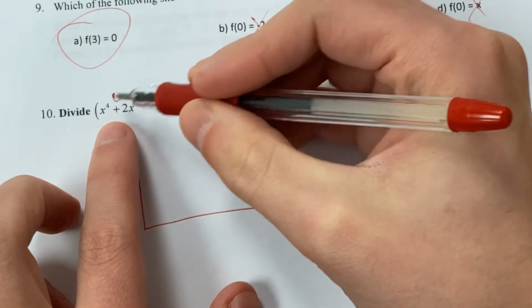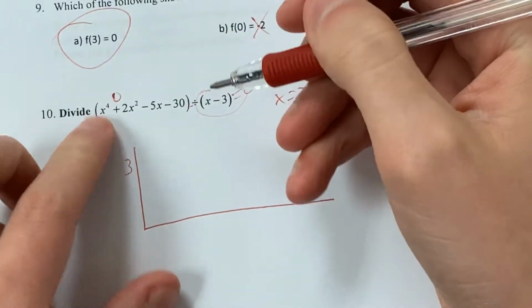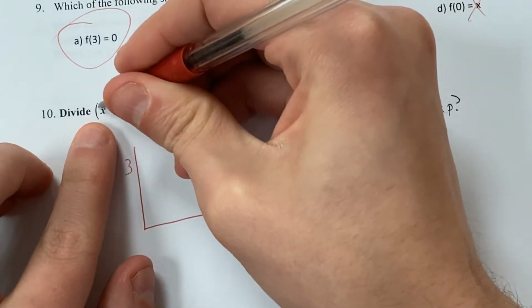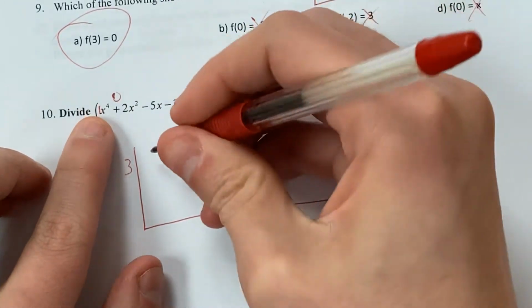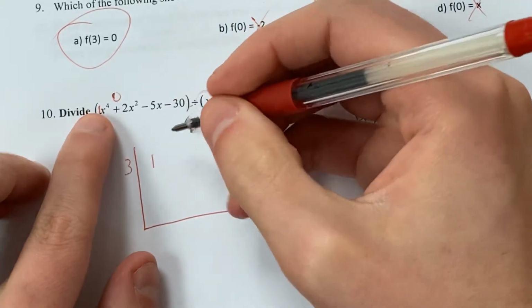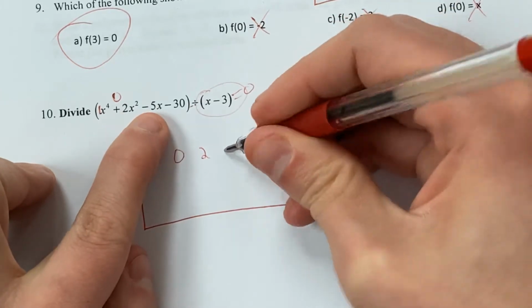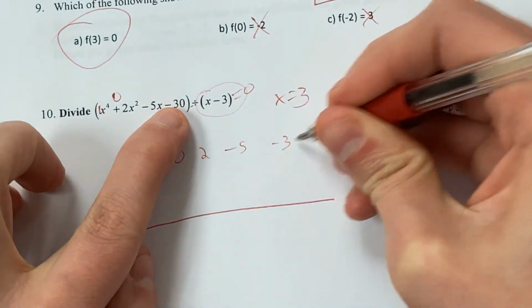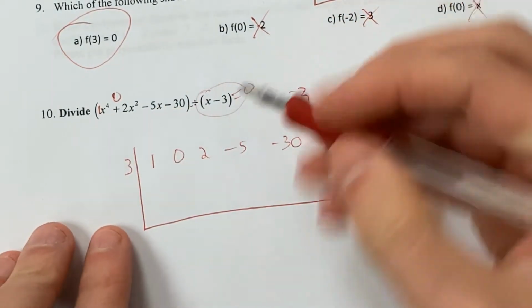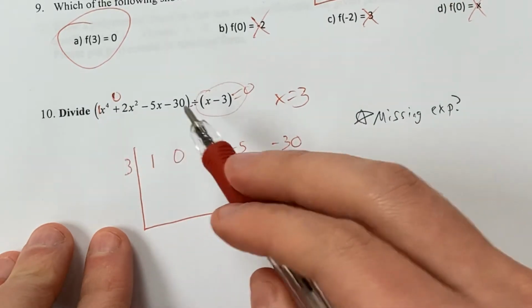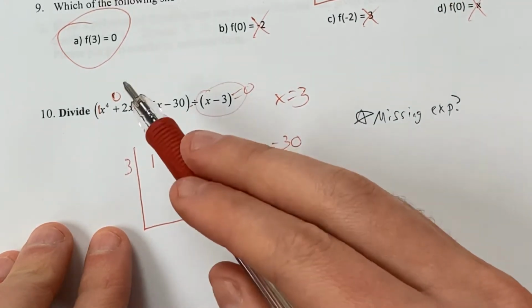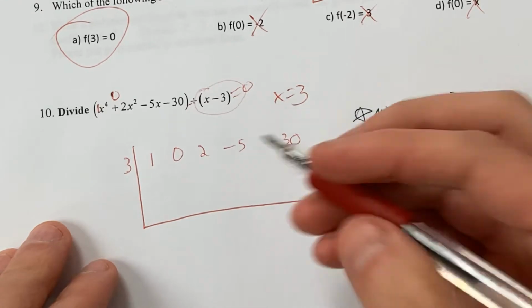So it looks like 3 is the only one missing. Now we're going to write down all the coefficients. This just has a 1 in front. So 1, 0, 2, negative 5, negative 30. It's the numbers in front. The 3 is missing, so we put a 0. It's called a placeholder.